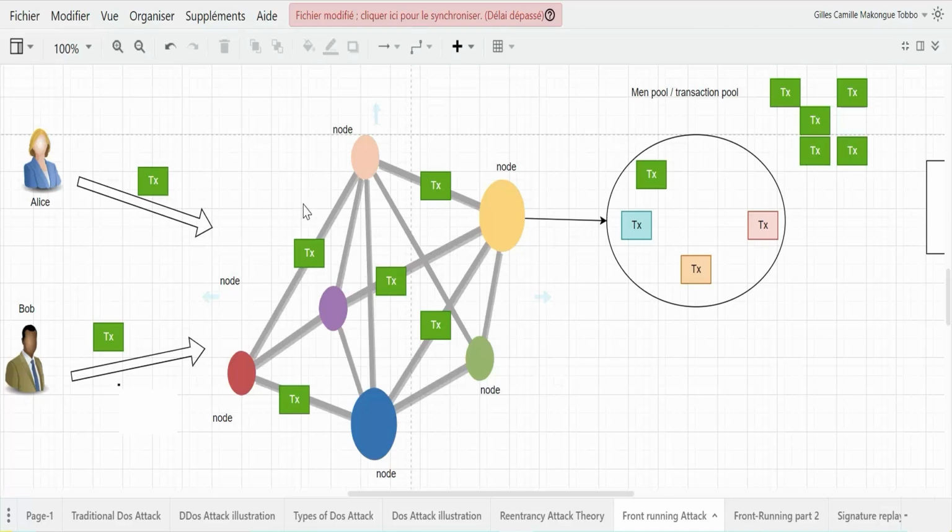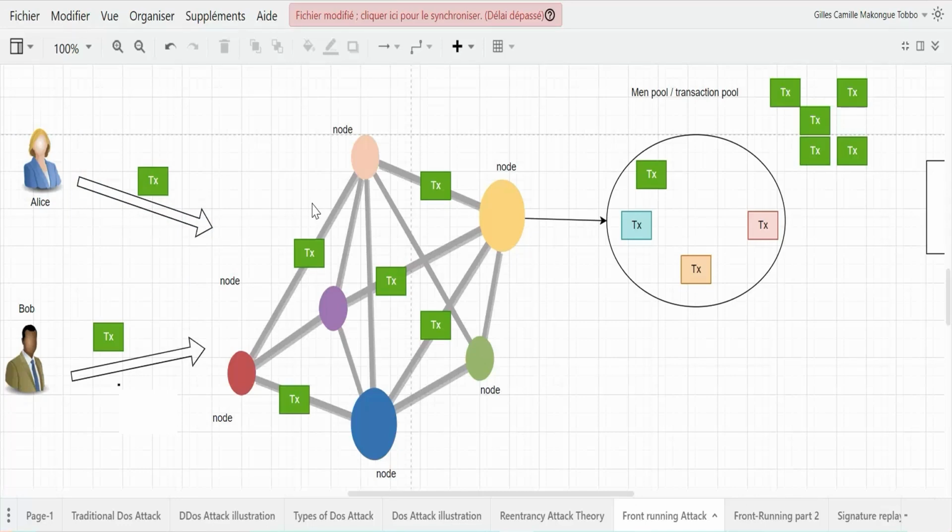But what you need to know is that in real time, there are many transactions that people are sending over the network, so that once Alice is sending a transaction, there are other transactions waiting to be mined or validated by miners, okay?